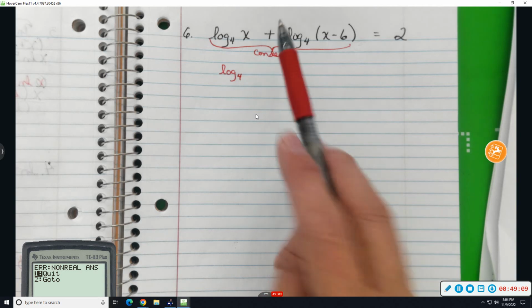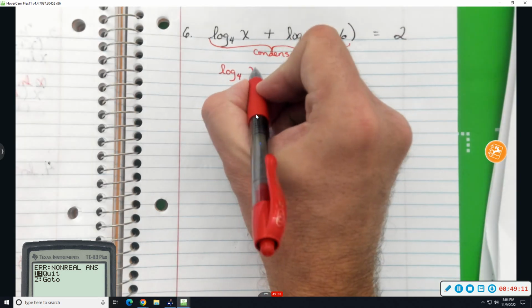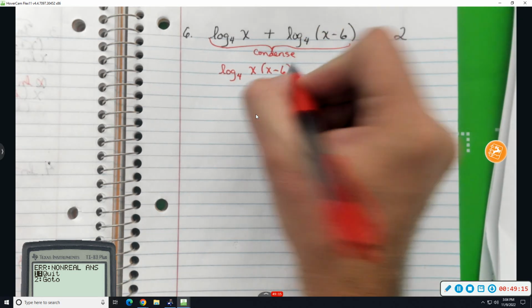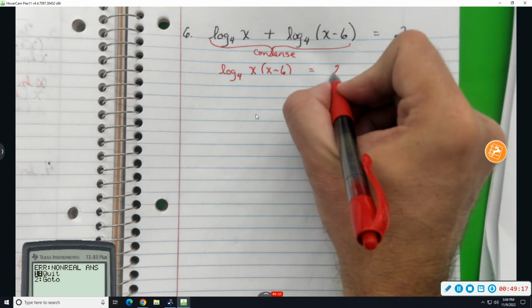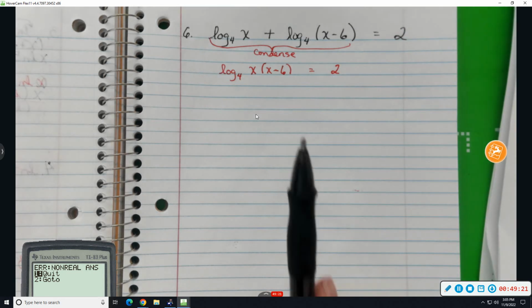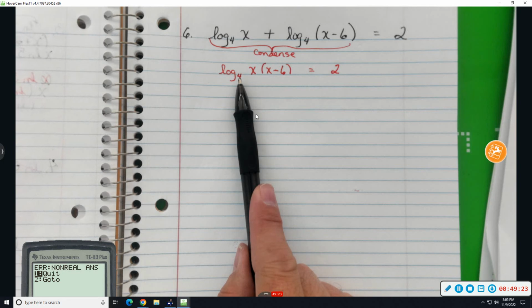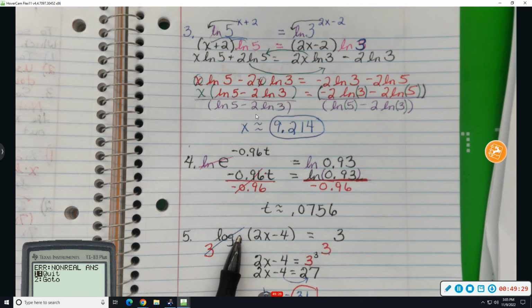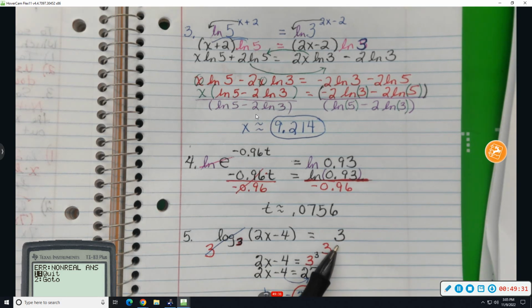But since there isn't, you just say x times x minus 6 equals 2. What we've done is rewrite it so it looks like problem 5. By that I mean one logarithm on the left, one number on the right.